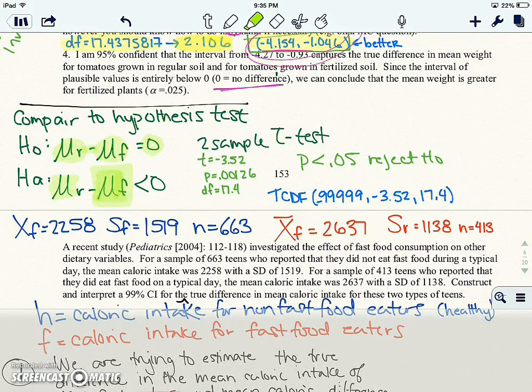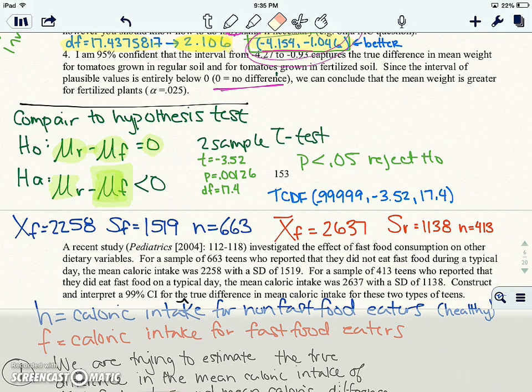We get a t-value of negative 3.52. Be very careful, this is not the same as the critical t-value up here. It's not the same. This is the t-value for our specific difference. And we have degrees of freedom of 17.4, so it's the same.